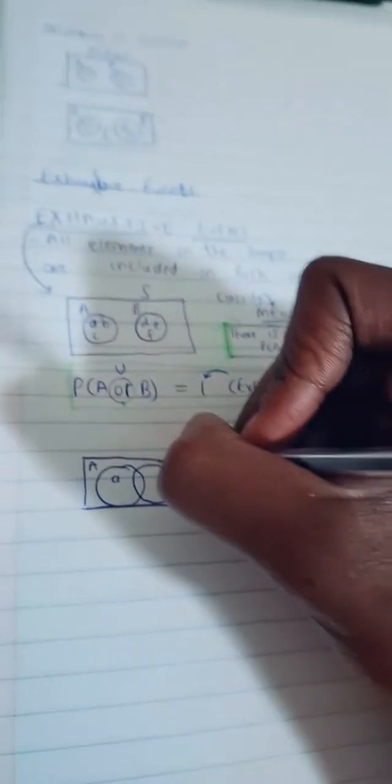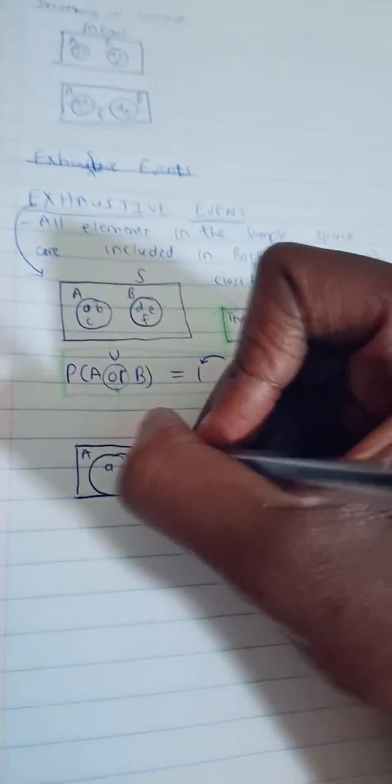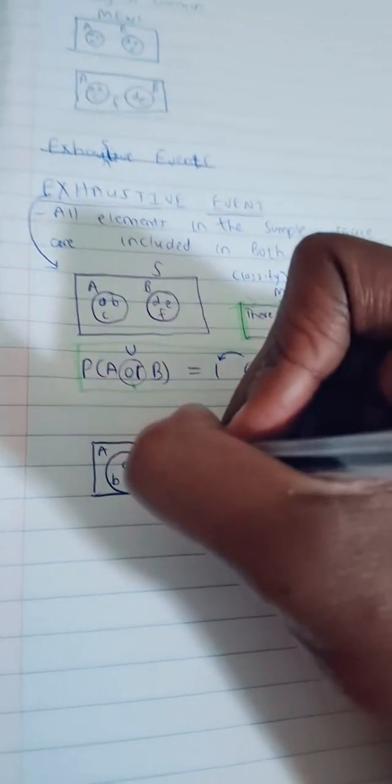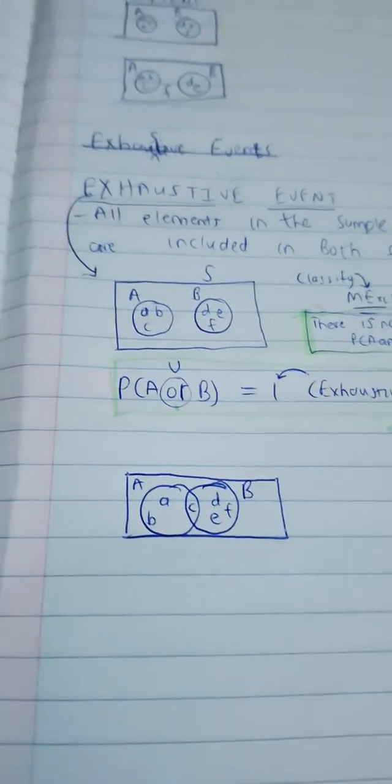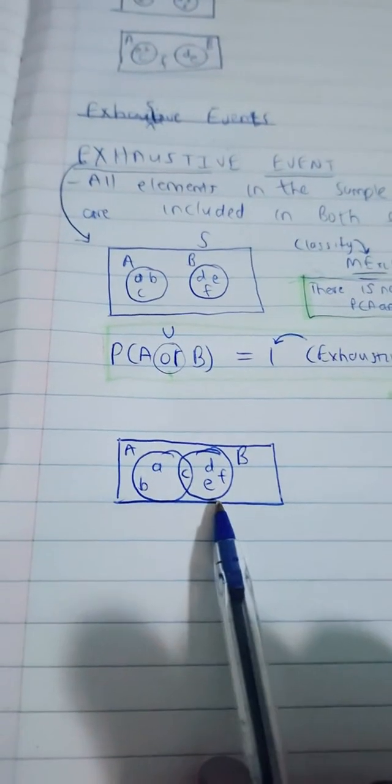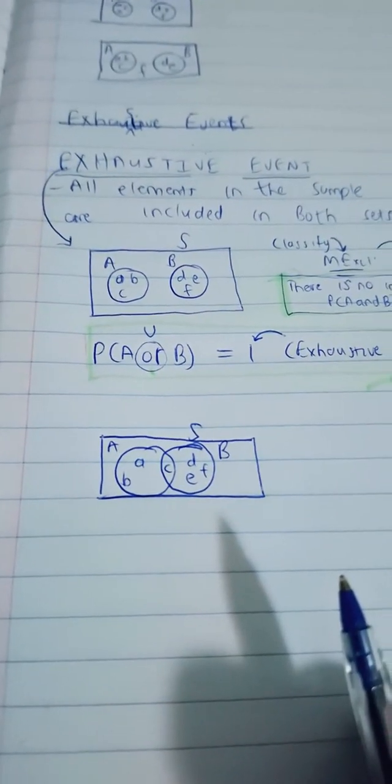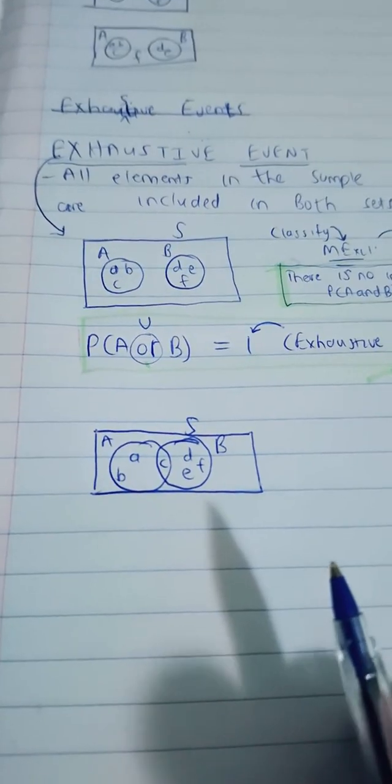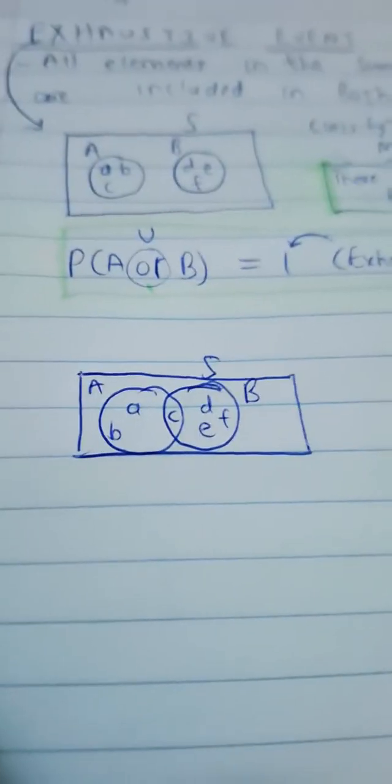This is A, this is B. We have A, B, C, D, E, F. And that would be S, of course. What can we say about this event?